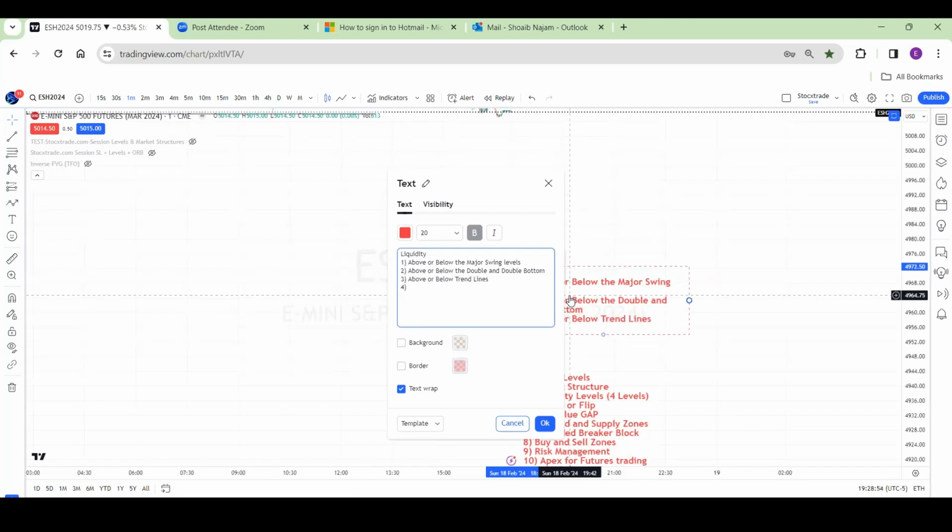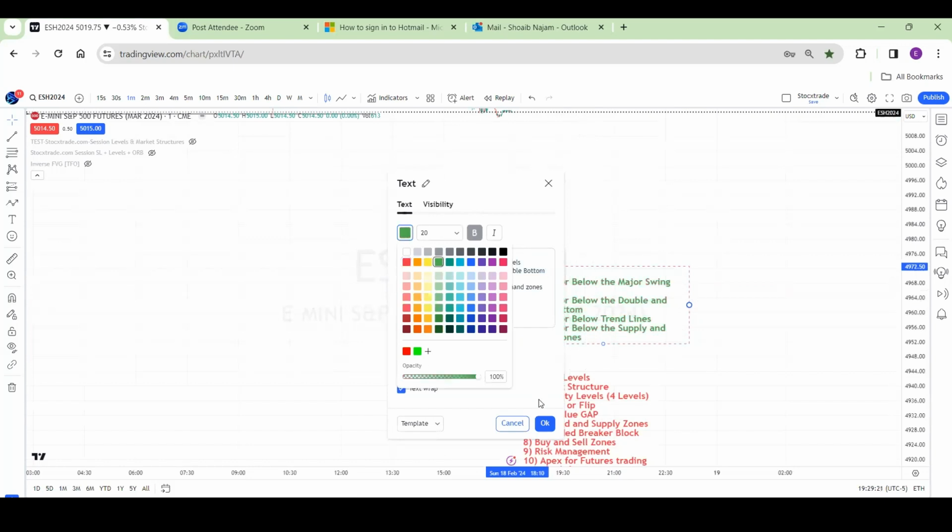And the fourth place is above or below the supply and demand zones. So these are the four areas where you can see the liquidity.